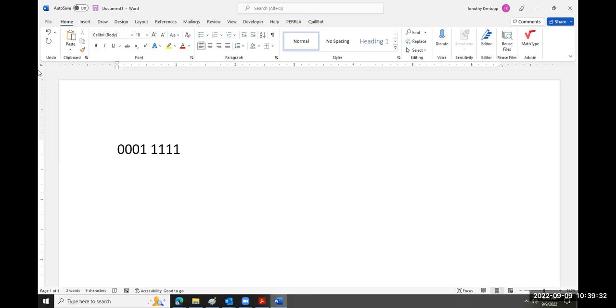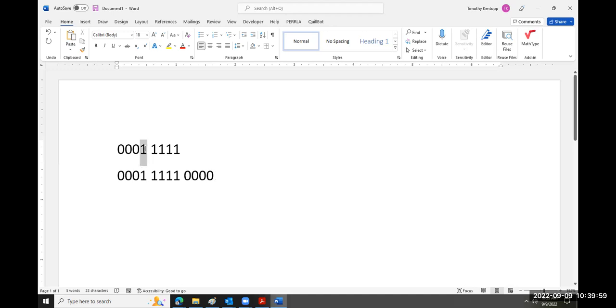And when I take these 5 ones and I shift them to the left 4 times, what I end up with is, wait a minute, no. Yeah. 1, 1, 1, 1, 0, 0, 0, 0.